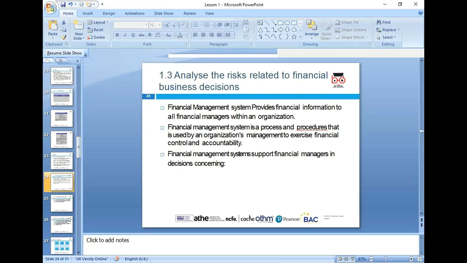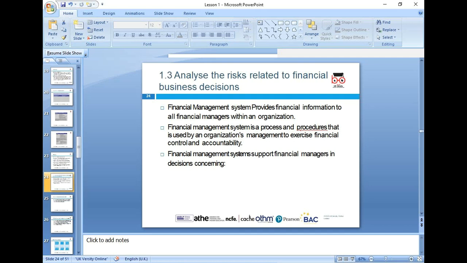So in financial management, we provide financial information to all managers within our organization. If you have information, it will help you to make the right decision. A financial management system is a process and procedure used by organization management to exercise financial control and accountability.